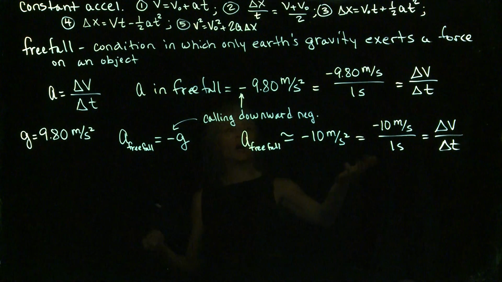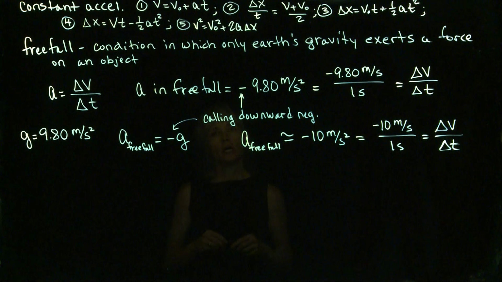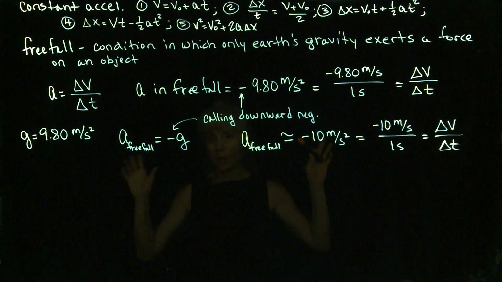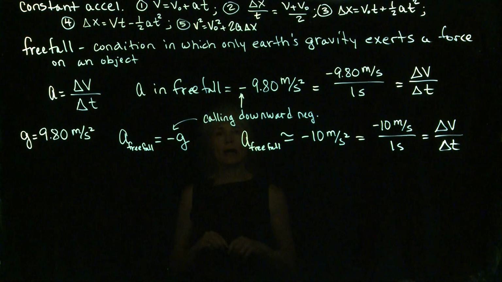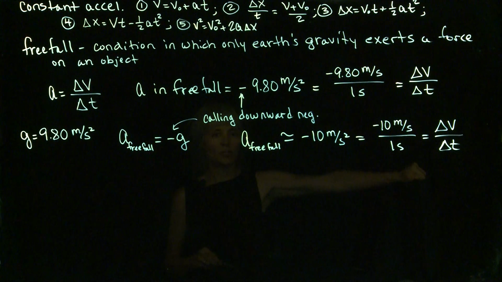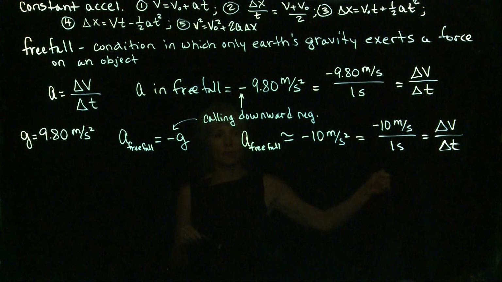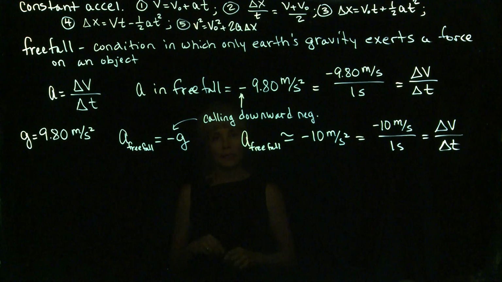So what if an object is released, let's say, from a helicopter that is at rest, up hovering in the sky somewhere, and I'm up there and I release my pen from rest. In other words, I just simply let go of it. I don't give it some initial velocity down or some initial velocity up. I just simply release the object so its initial velocity is 0. How fast is it moving after 1 second?